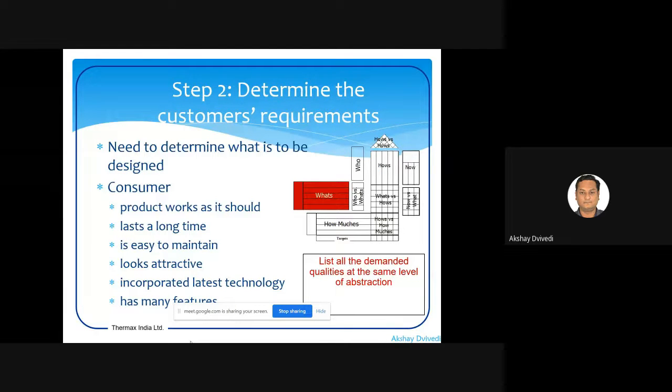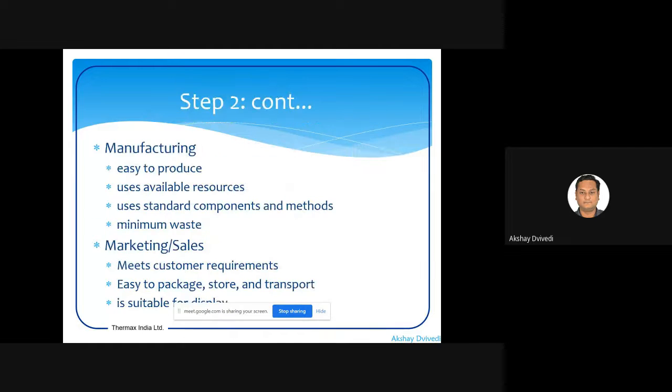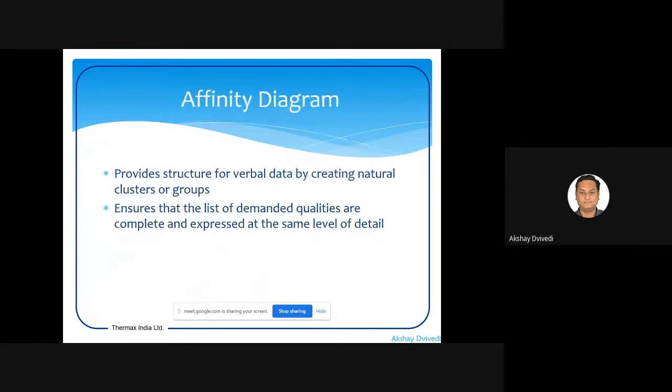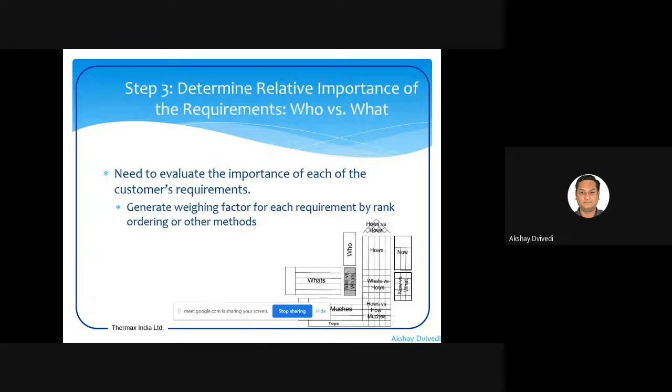Of course, the first step is to identify who those customers are, very important. Once you do this, the next step comes in: determine the customer requirements. So list down all those requirements on the what's part. Once you do this, you go to the next step, where you identify how to prioritize those requirements.